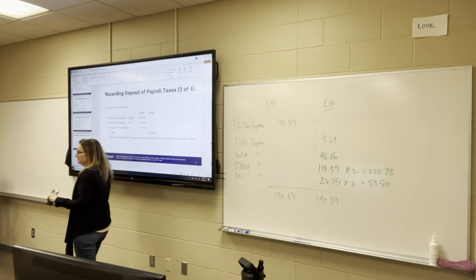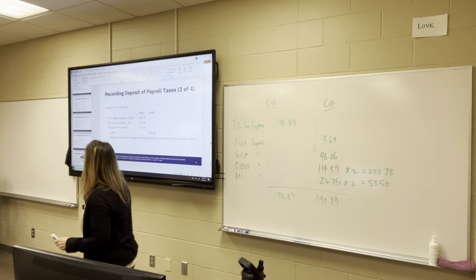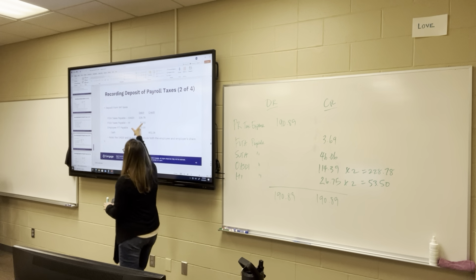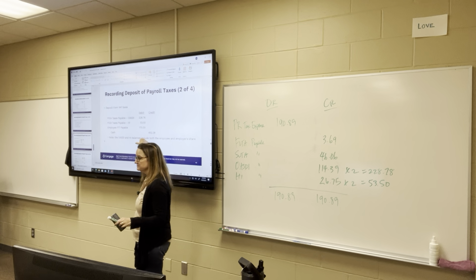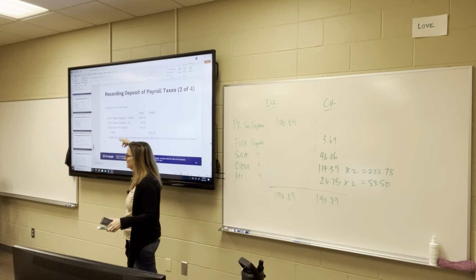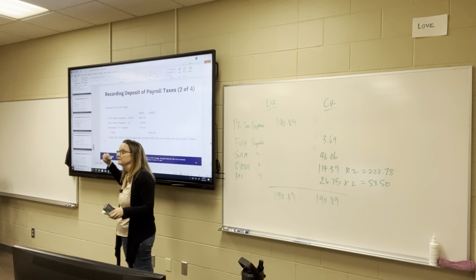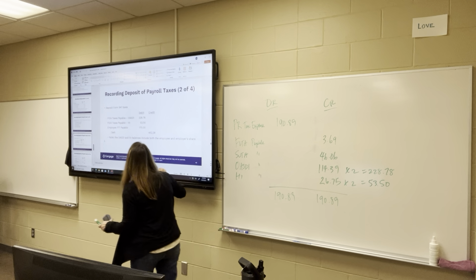Employee federal income taxes payable: that's from the prior journal entry, that $170. This is going to get paid at the same time. All three of these are getting paid at the same time because they're all going to the IRS: Social Security taxes payable, Medicare taxes payable, and federal income taxes that we've withheld from employee paychecks, right? They're all getting paid at the same time.